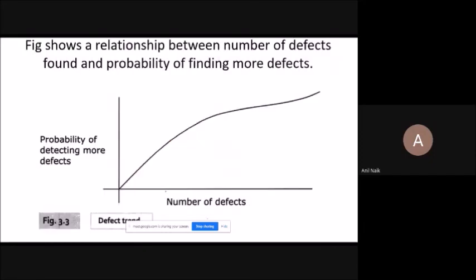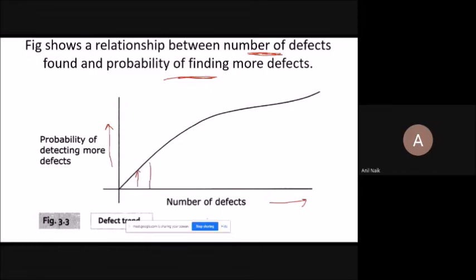This diagram shows the relationship between the number of defects found and the probability of finding more defects.